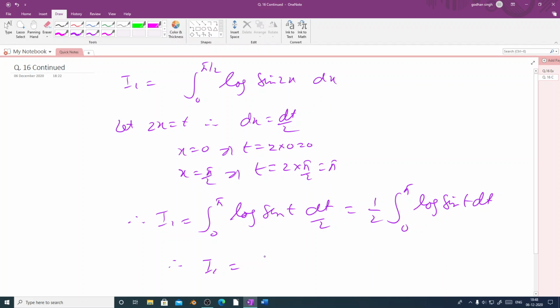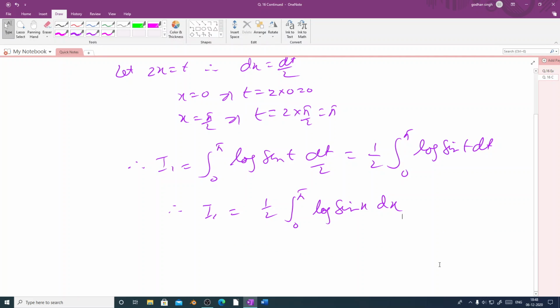So I1 can be written as half integral from 0 to pi. Our function is to be integrated in terms of x, so we'll convert this in terms of x: log sin x dx. The reason is as already discussed, integrating f(x) dx from a to b is the same as integrating f(y) dy from a to b. There is no change if it is a definite integral.